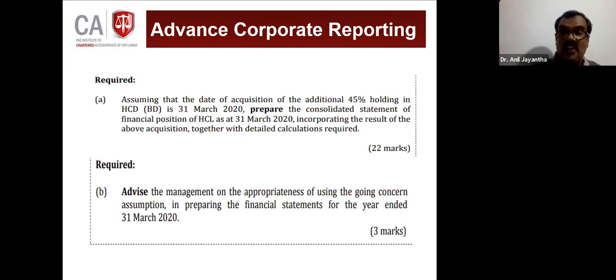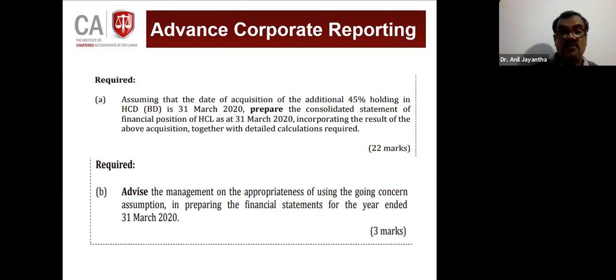But here, the additional information in the pre-seen, you can practice. So this tells you that you need to be aware. Your knowledge on preparation of consolidated financial statements is important. You may have prepared consolidated financial statements by taking different percentages, but here the additional information gives you only this information, the date of the acquisition.